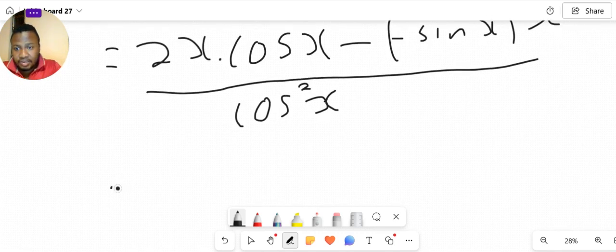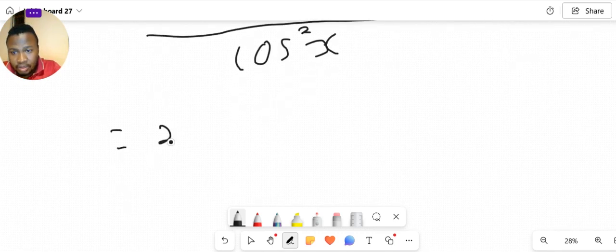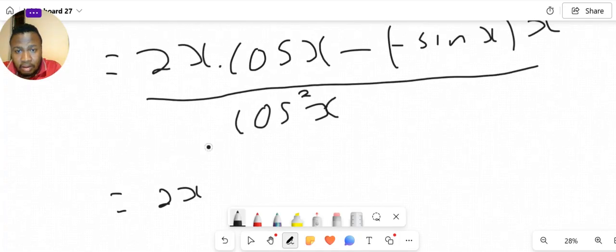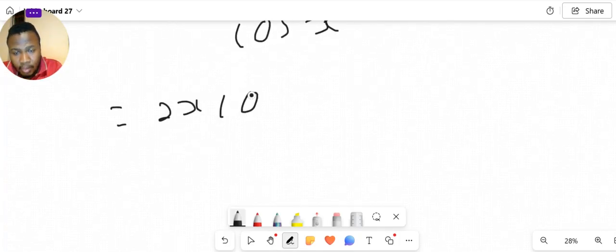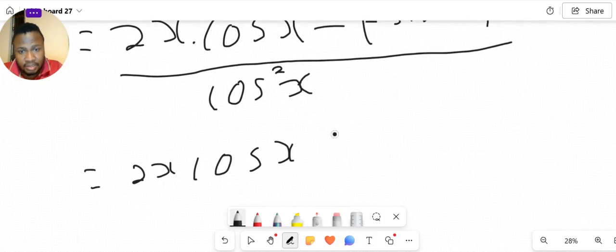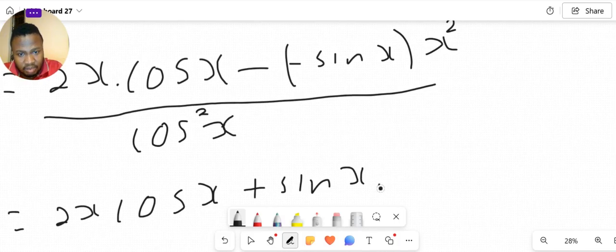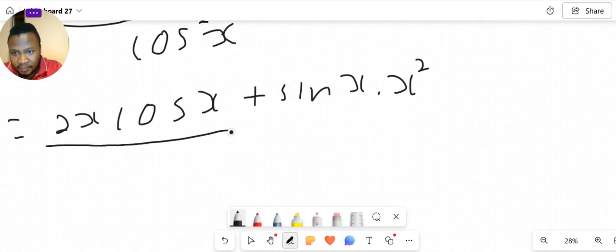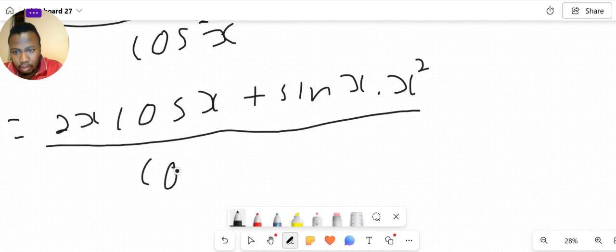Now let's just simplify this. This will be 2x cos x, and then negative and negative will be positive, plus sine x multiplied by x squared, all over cos squared x.